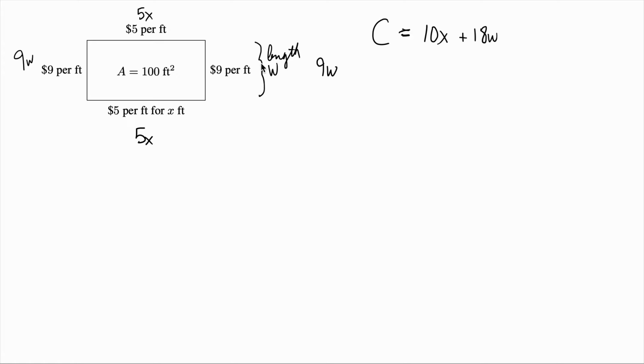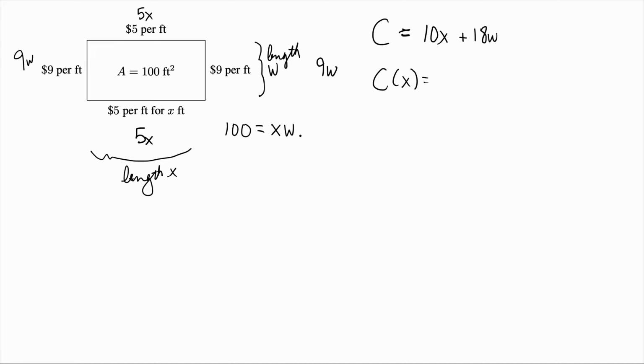But we need a formula for cost in terms of just x. So how do we relate w and x together? The length of this side is x, and the length of that side is w, and they should multiply together to make 100. There we go, we have an equation that relates x and w. So it would be nice if we could replace w with an expression in x.